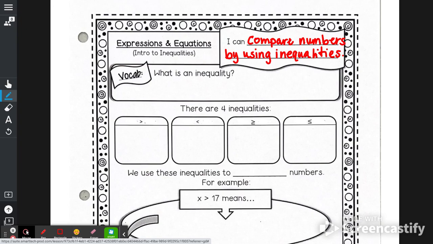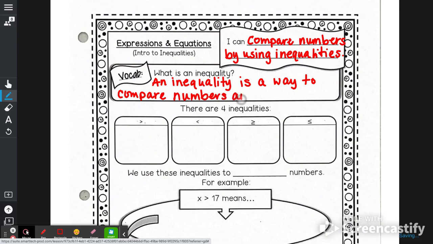So an inequality is a way to compare numbers and expressions.